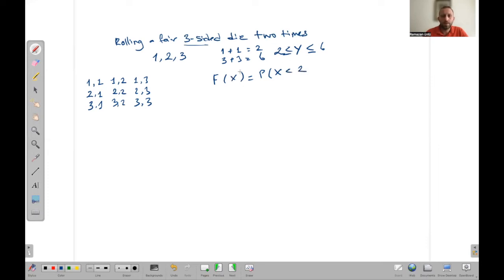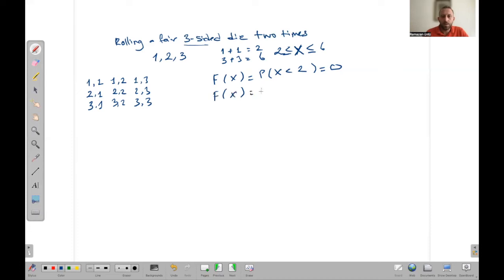So the probability of x being less than 2 is 0, because the smallest sum can be 2. It cannot be less than 2, and none of these subsets will satisfy this condition. That's why the probability is 0.